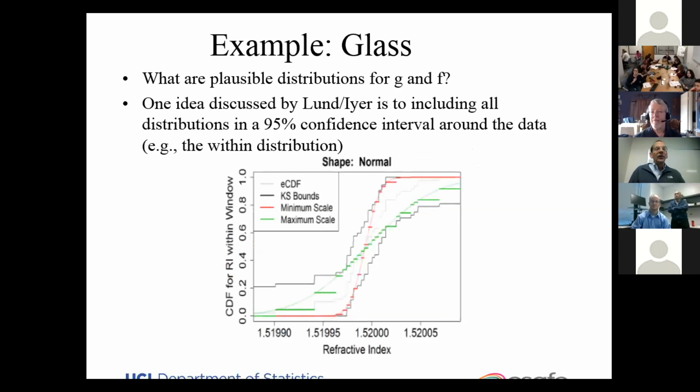So this is the within data, and I'm not going to go through this picture because there's not a ton of time, but the notion is for the within data, it is kind of single peaked, and so maybe you think it's a normal distribution, but there are lots of normals that are consistent with the data, and that's what's attempted to be portrayed here. Any normal curve that runs between the two black lines is consistent with the data by one definition. And so the green and the red are two examples.